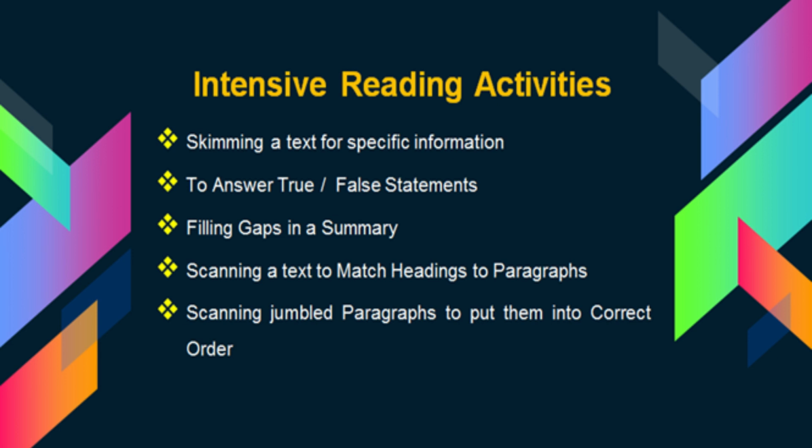You can see that all these activities become possible if the reader retains the information read in the text with every minute detail: specific information, then true false answers, then gap filling, then matching headings to paragraphs, and then jumbled, meaning disordered sentences, and ordering them.